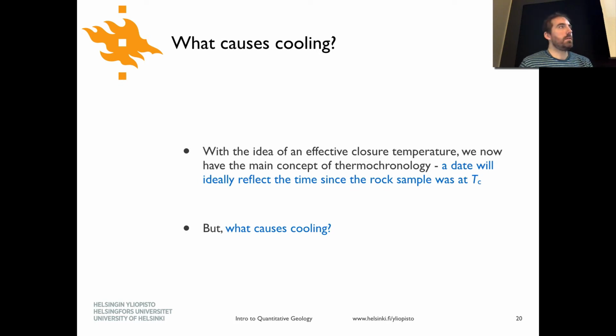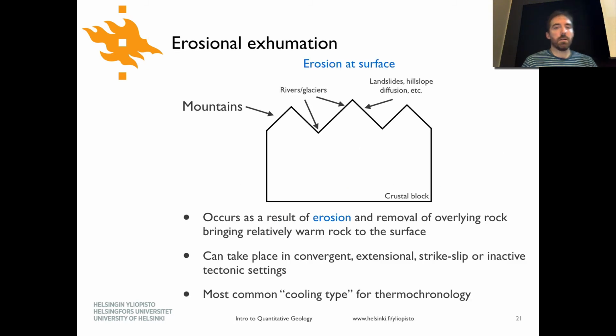So we've seen a little bit of what a thermochronometer is and how it works. And now we can turn maybe just to the idea of what causes cooling. So these rocks are somehow cooling from the interior of the Earth toward the Earth's surface. And what is it that causes cooling?